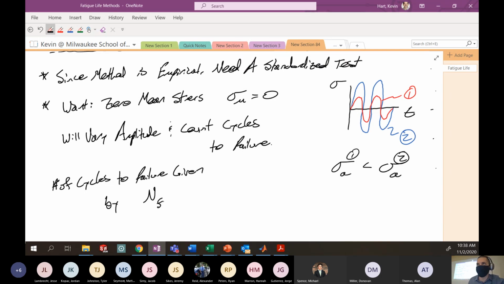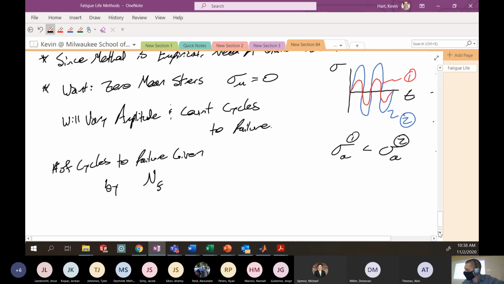It would be pretty obvious that if we had a higher stress amplitude for test number 2, the number of cycles to failure for test number 2 should be lower than the number of cycles to failure for test number 1. Since the stress amplitude is lower for test number 1, we're going to have more cycles to failure there than for test number 2. I think that is rather intuitive. Yes? Okay.